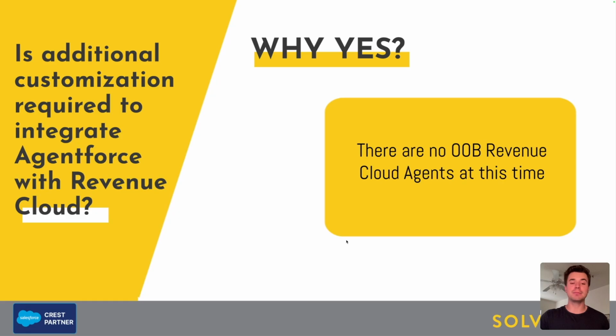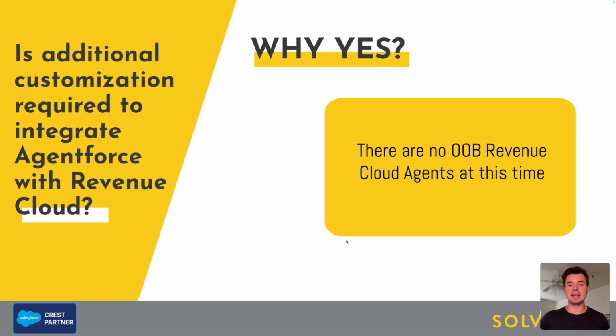The main reason being that at this point, there are no out-of-the-box agents from Salesforce for Revenue Cloud. Now, there has been talk that in February, there may be a new release with some Revenue Cloud specific agents, but of course we can't rely on that. But right now you can start getting value in Revenue Cloud with Agentforce by creating your own agents.